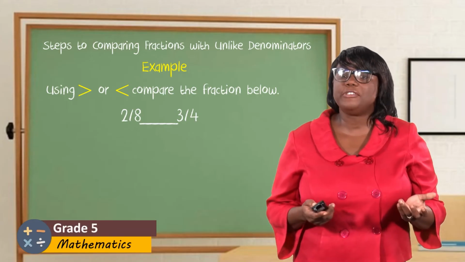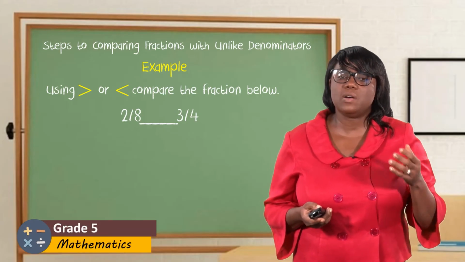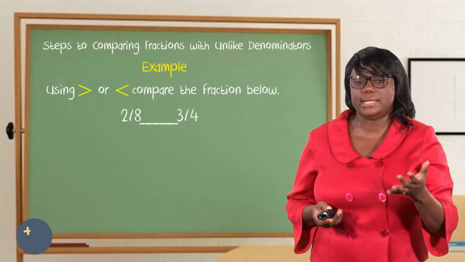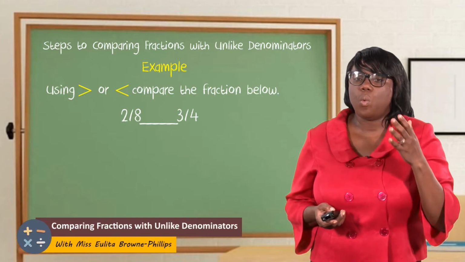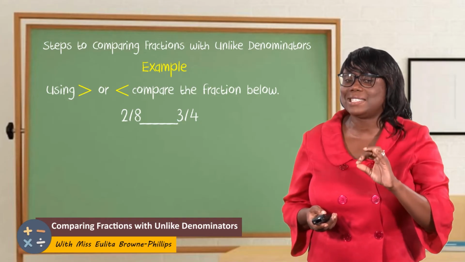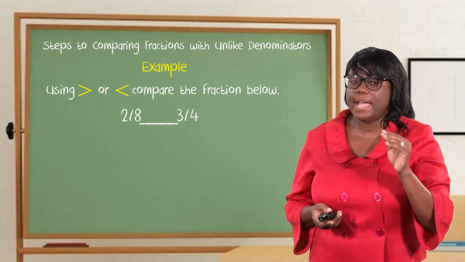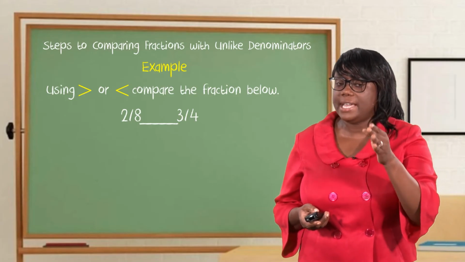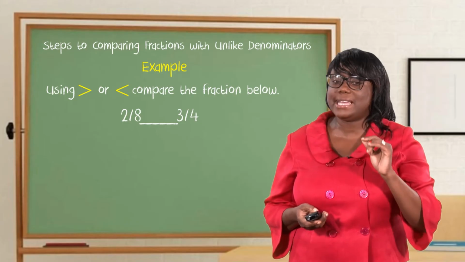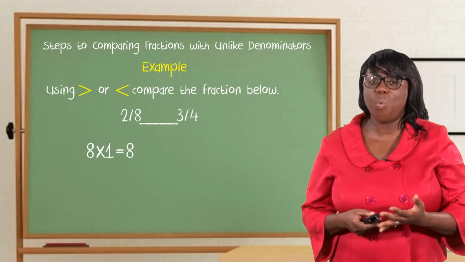So now we have to make our fractions like. Let's look at the fraction 2/8. What when multiplied by the denominator 8 will give us the LCM 8? Yes, boys and girls, 1.